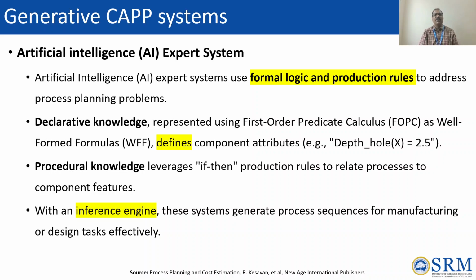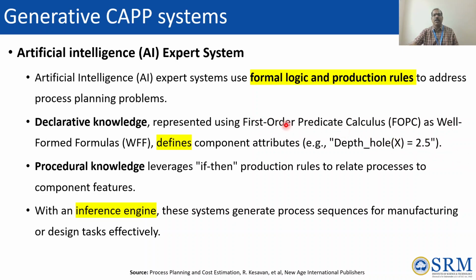So artificial intelligence, basically an expert system, is again based on formal logic and production rules. For example, there is declarative knowledge, which represents some information, like depth, code, what the size is, like that.